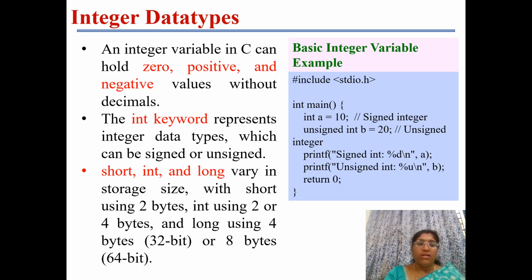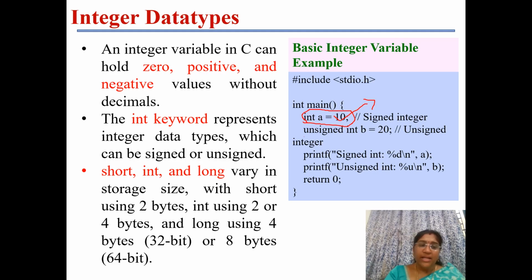Short int and long int may vary in storage size. For example, here int a = 10, without declaring signed or unsigned, so by default it is a signed integer. It can store both the positive and negative values.